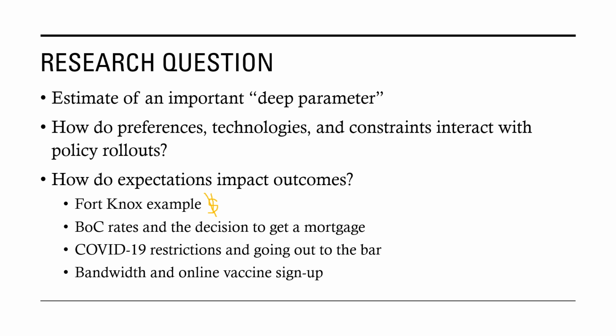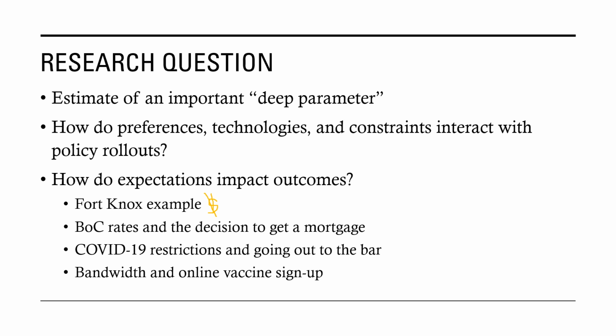And we might conclude, wow, maybe people are very vaccine hesitant here in Alberta. Maybe they don't want to get the vaccine. But if we don't consider the deep parameter of technology, and that maybe the server was overloaded and the Alberta website went down, we would come to that spurious conclusion that Albertans were more vaccine hesitant when really it was just a matter of a bottleneck on the rollout of that policy.